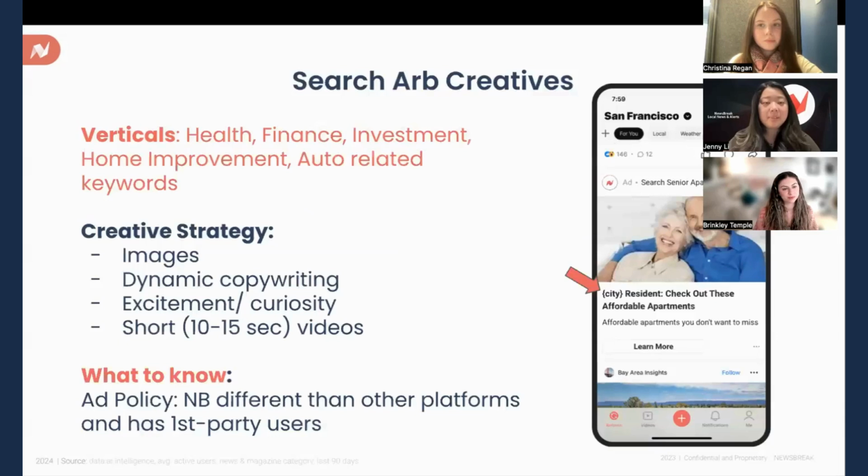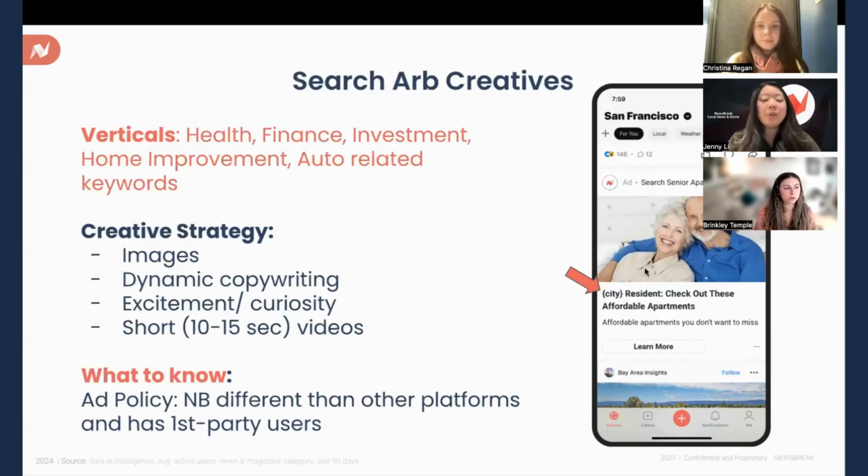So for search arb, here are some of the verticals I've been seeing do really well recently on our platform, both AFD and RSOC feeds. That's health, finance, investment, home improvement, and auto-related keywords. An example that I give on the side is one I created myself in a dummy account.